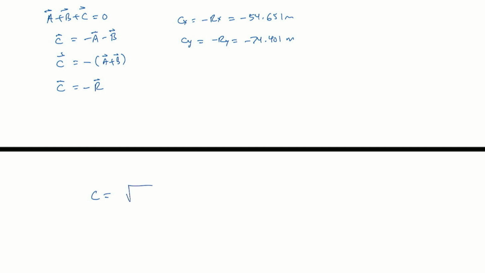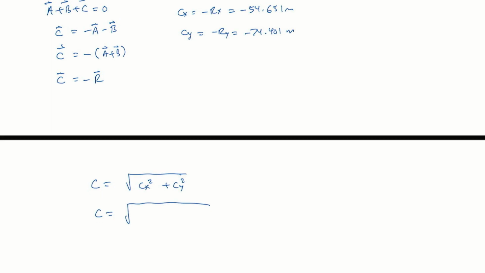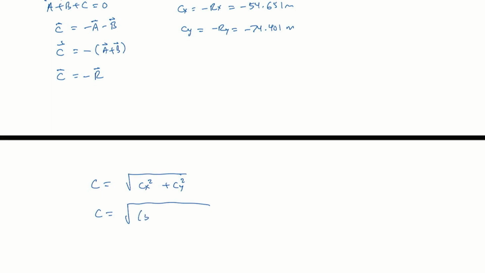Let me just go down to the new page. C is going to be the square root of CX squared plus CY squared. We're squaring the quantities, and so they're going to come out positive. So I find it's less problematic if we just put positive values in here. CX is 54.651 meters. We'll square that. And then CY is 74.401 meters.